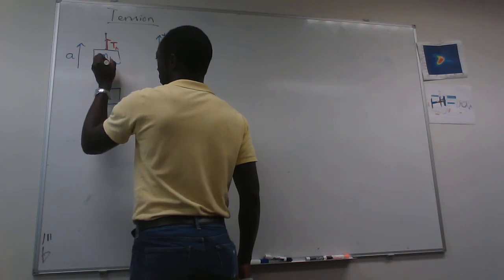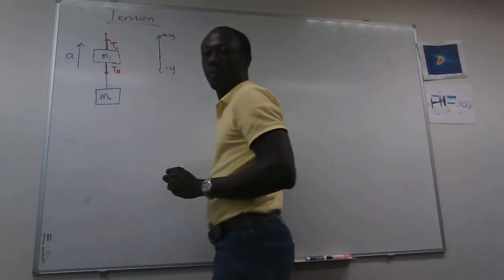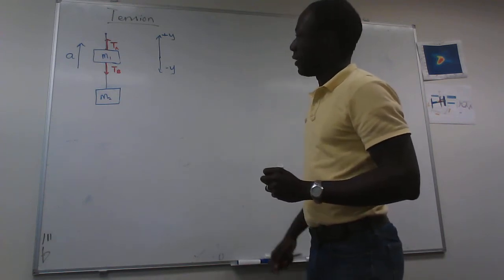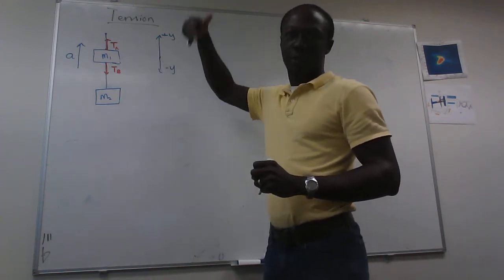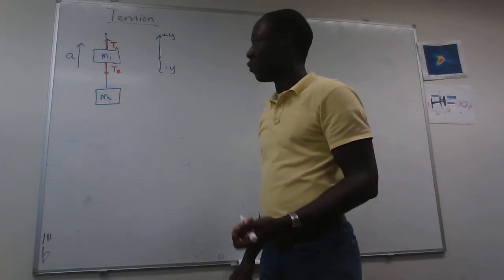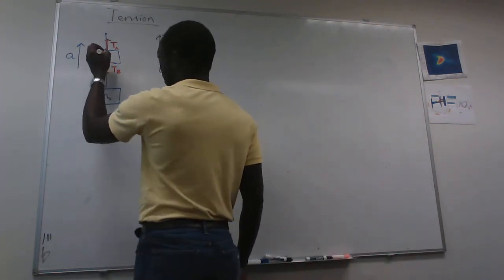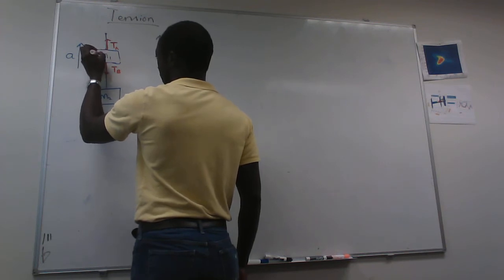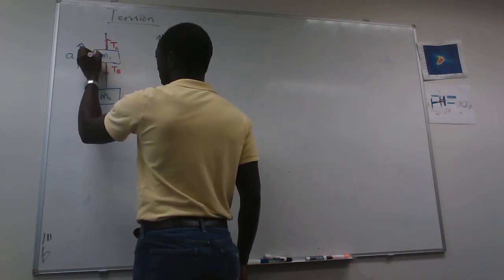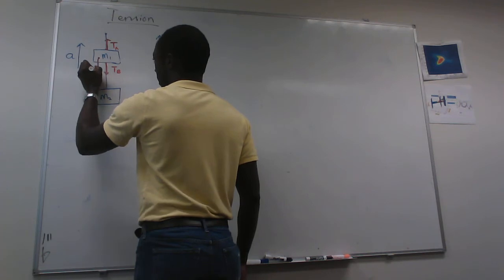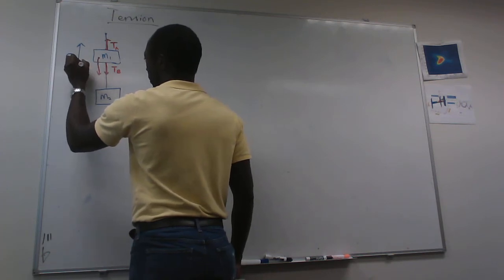This is rope B, so we'll call this tension TB. And this mass 1 is also going to experience its weight, the force due to gravity acting downwards. So it's also going to experience another force acting down. I'm just going to draw it on the side here, and we'll call that M1 times G.